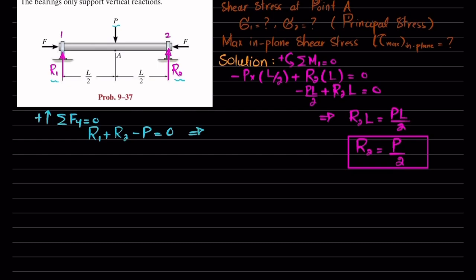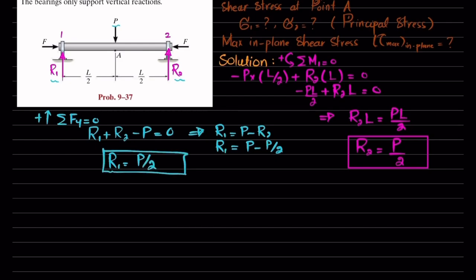We do not know R1, so R1 will be equal to P minus R2. Again, P minus R2 is P by 2, so when you calculate it, you will get R1 also equal to P divided by 2. Okay. Now we have R1 and R2.